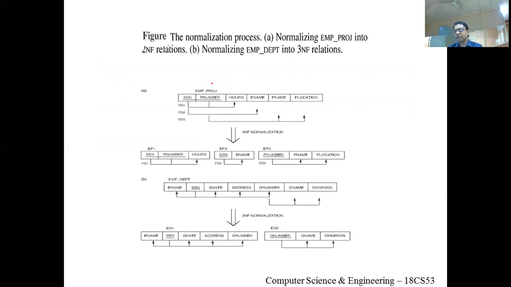As of now, if you consider an employee project relation, SSN and project number are the prime attributes, and the other attributes are called non-prime attributes. The non-prime attributes are hours, employee name, project name, and project location. Also, I'm talking about the candidate keys. We have a primary key, that is SSN and project number, and all the attributes that belong to the candidate keys are also called prime attributes.